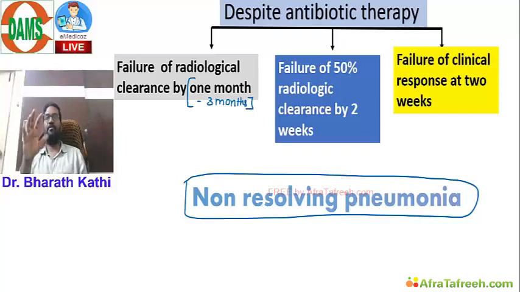This organism may not be responding to the antibiotic that you have given. Or third, it can be due to a complication of the disease. You thought it was simple pneumonia, but the patient has developed empyema. The patient has developed bronchiectasis. So the treatment for empyema and bronchiectasis will be different. So you can divide it into infectious and non-infectious causes. It might be malignancy, it might be a connective tissue disorder.